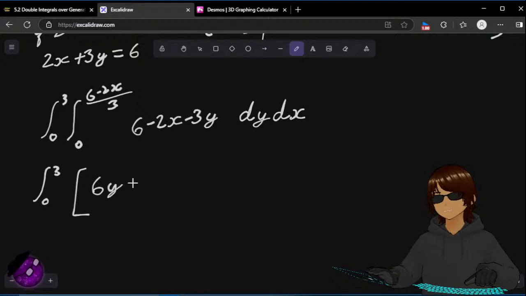Integrating them separately, we have 2xy minus 3x squared over.